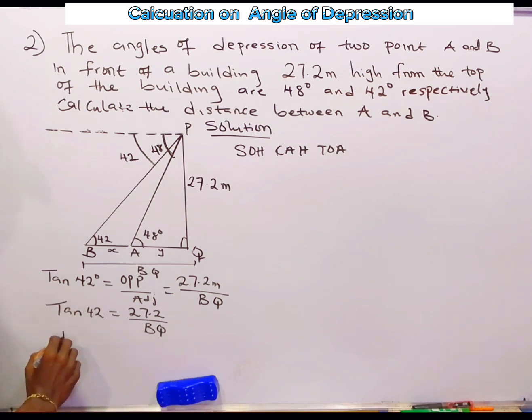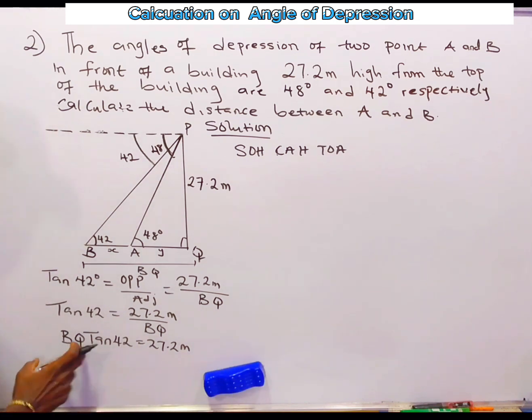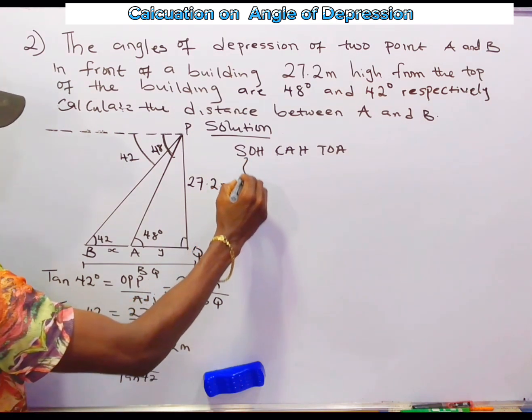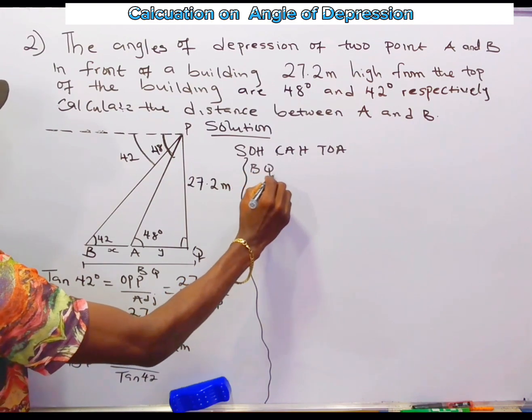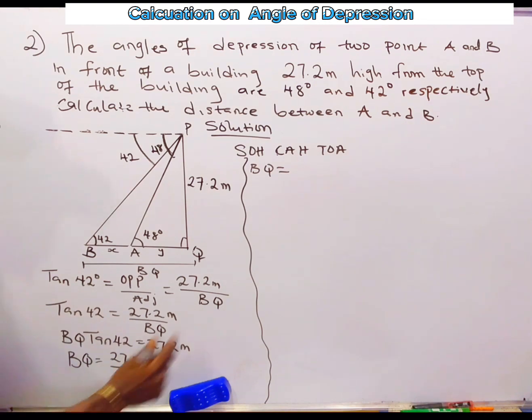Cross multiplying, we have BQ tan 42 equals 27.2. Making BQ the subject by dividing both sides by tan 42, BQ will be equal to 27.2 divided by tan 42.